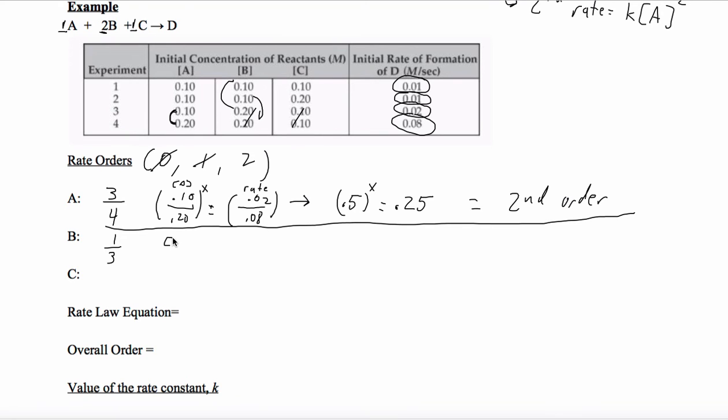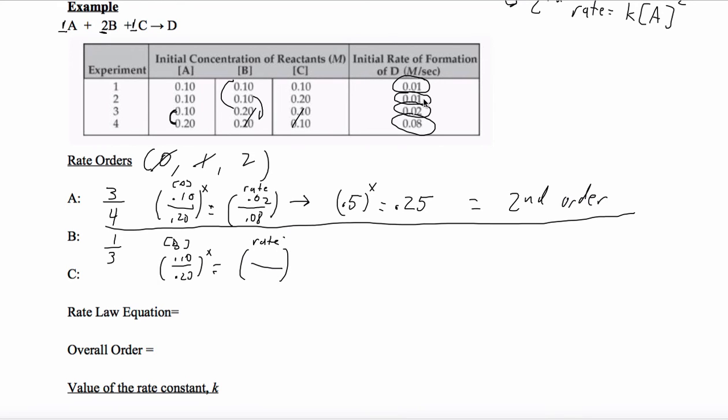So B goes from 0.10 to 0.20, and everybody else stays constant. Okay, so A does not change and C does not change. Therefore, we can look at the direct effect of B on the rate, its concentration.